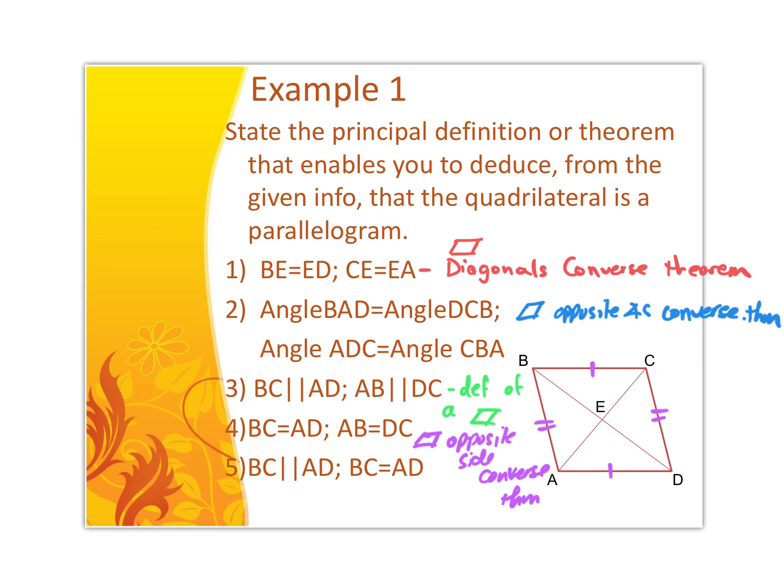And so the last one we're going to do is number 5. This is the one unique one that we learned here. Number 5 says that BC is parallel to AD, and it says that BC is equal to AD. So we know that if one pair of sides is parallel and congruent, the shape must be a parallelogram.